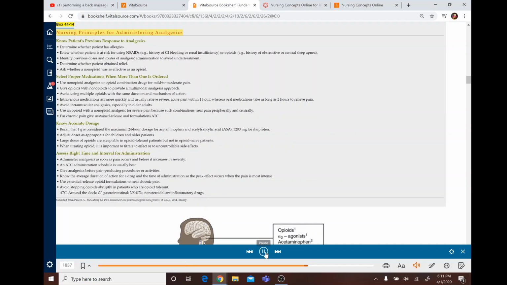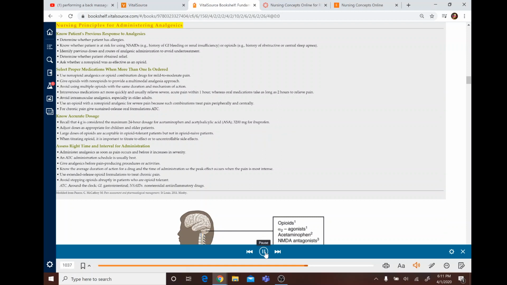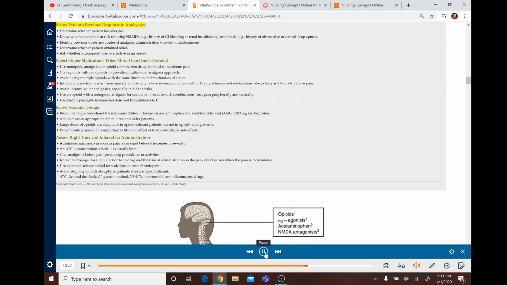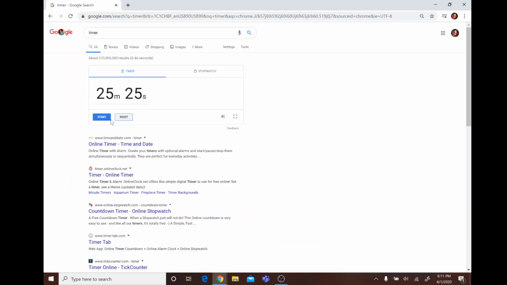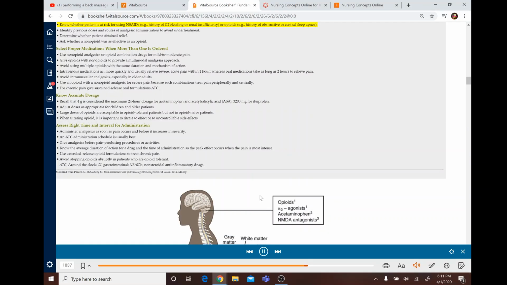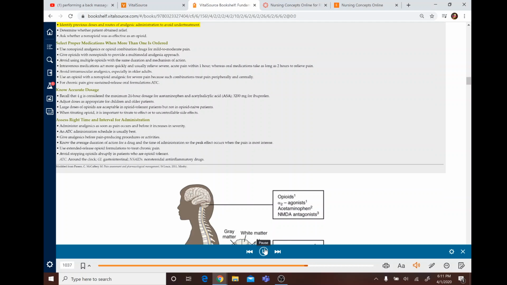Box 44-14. Nursing principles for administering analgesics. Know the patient's previous response to analgesics. Determine whether the patient has allergies. Know whether the patient is at risk for using NSAIDs, for example history of GI bleeding or renal insufficiency, or opioids, for example history of obstructive or central sleep apnea. Identify previous doses and routes of analgesic administration to avoid undertreatment.